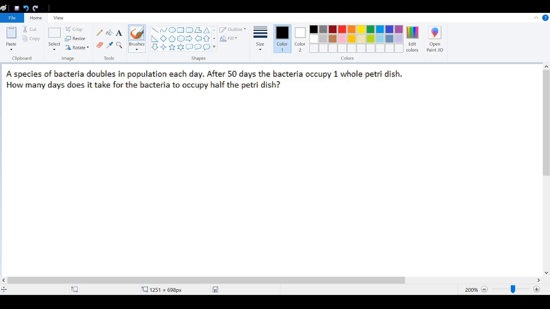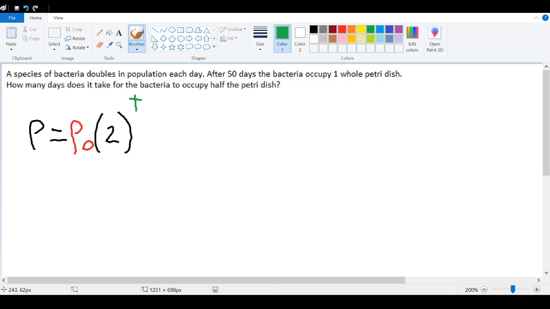All right. And so what we can do is pull out our growth formula. P, our current population, is equal to rho naught times 2 to the t power, where t is the number of days, right?